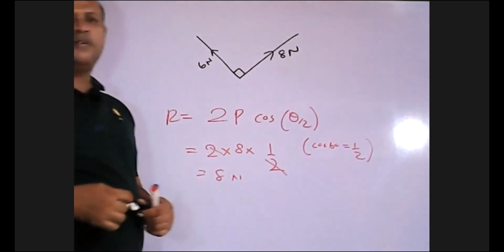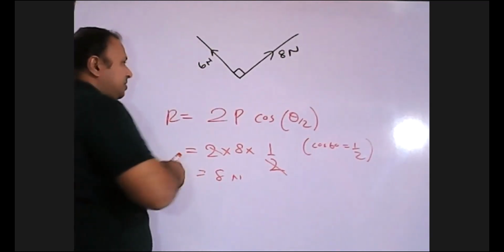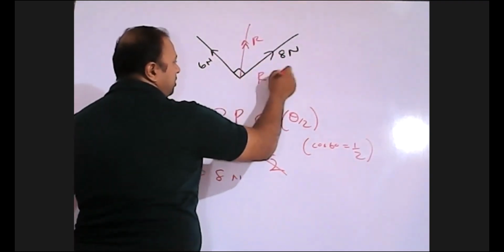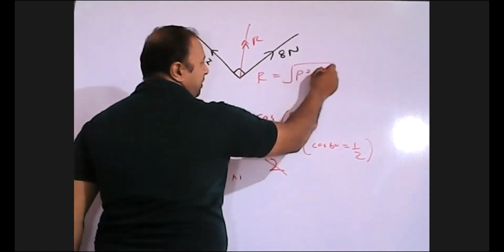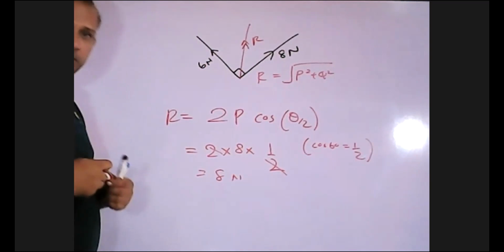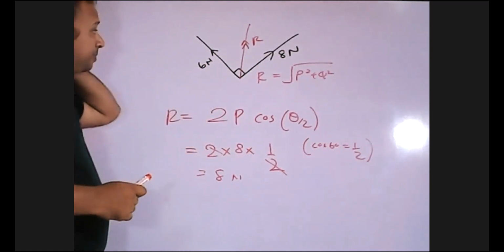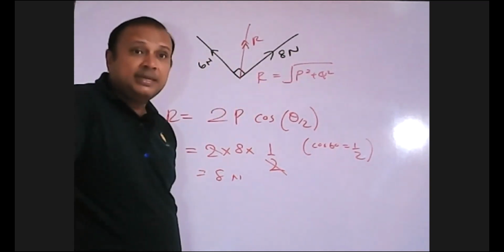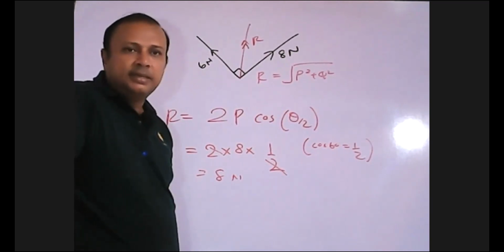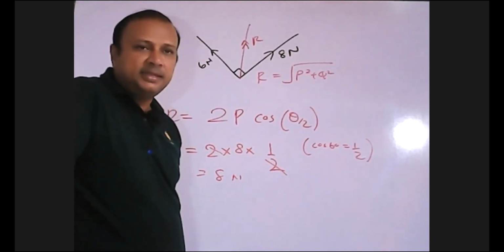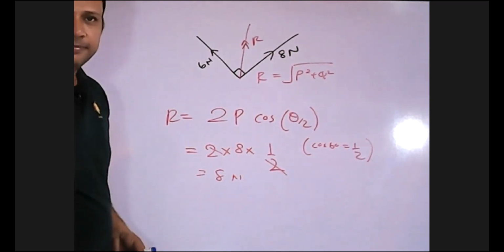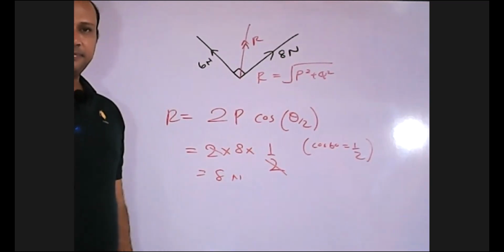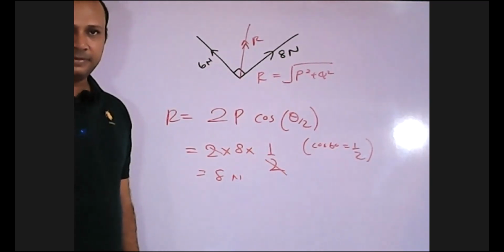So how to find the resultant of two perpendicular forces? R should be equal to the square root of P squared plus Q squared. So R is equal to the square root of 8 squared plus 6 squared. That means 64 plus 36, 100. That is equal to 10. Did you get my point? Thank you. Okay.